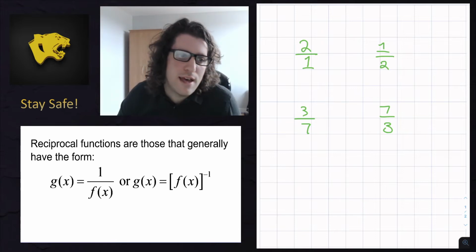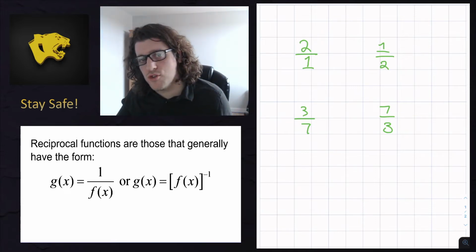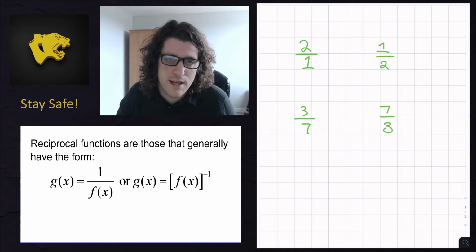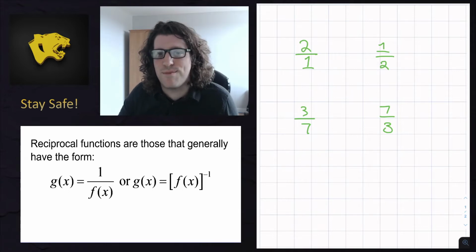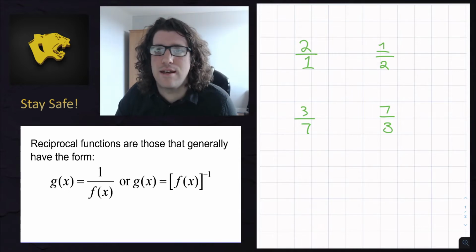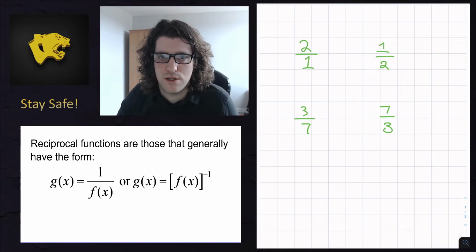So we're going to say that we have our base set of functions right now that we are comfortable with and understand, and we're going to take the reciprocals of those functions and get an understanding of what they would look like and the behavior they would exhibit. Generally, we are going to define some g of x reciprocal function as being 1 over whatever the old function was.